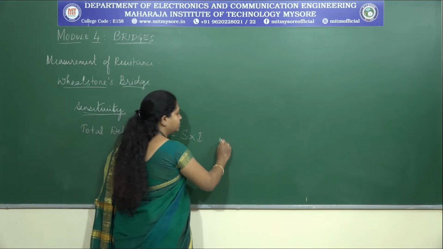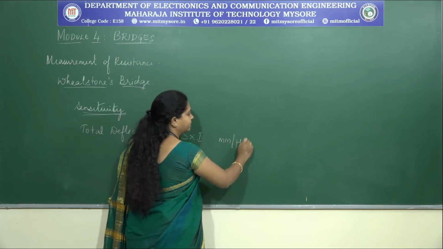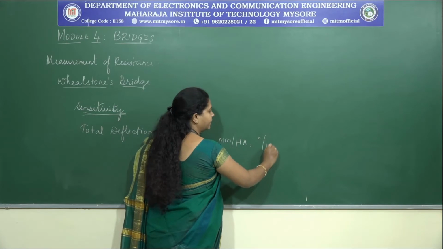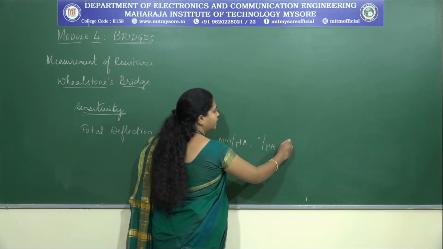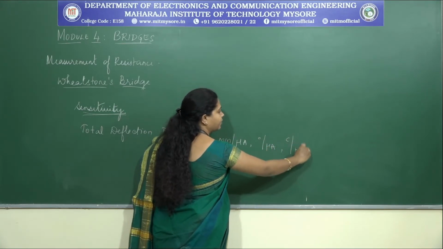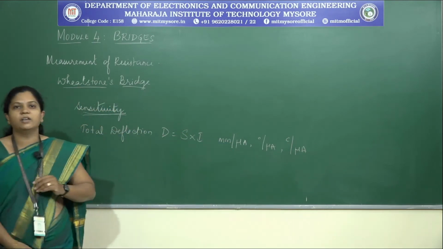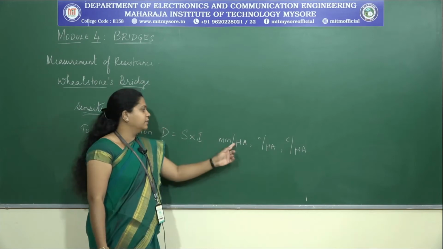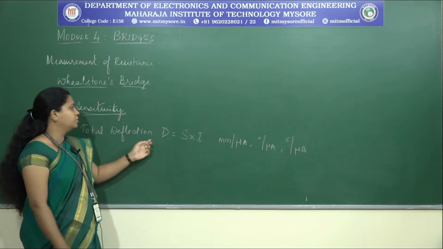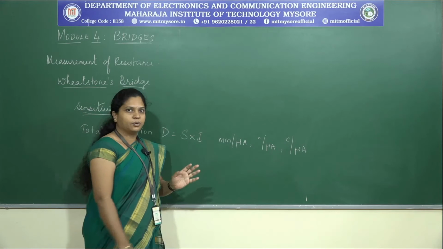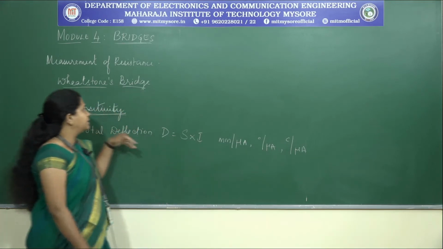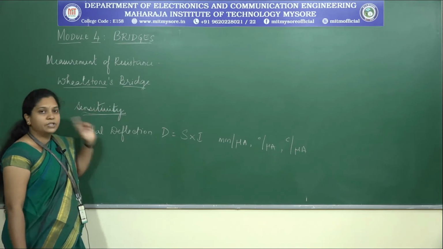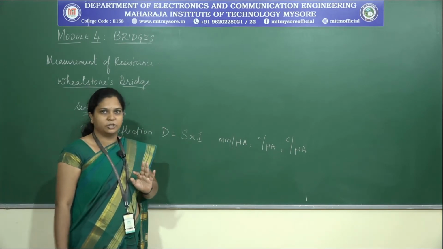So, you can have the units as millimeter per microampere, degree per microampere, or radians per microampere. Depending on what type of scale is used within the galvanometer, we can have different units for the total deflection of the galvanometer. This sensitivity we speak of when the Wheatstone bridge is in an unbalanced condition.